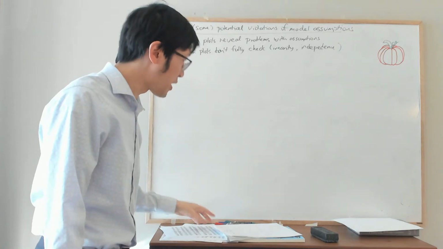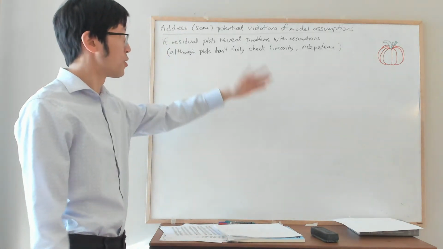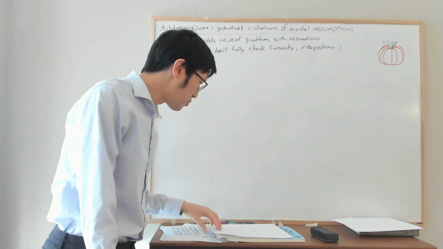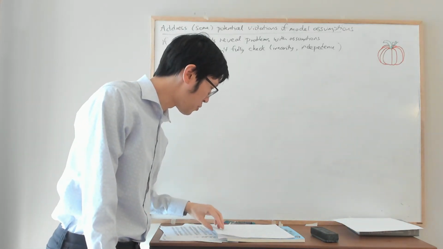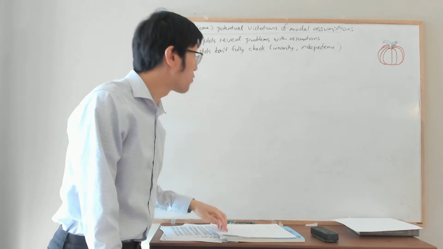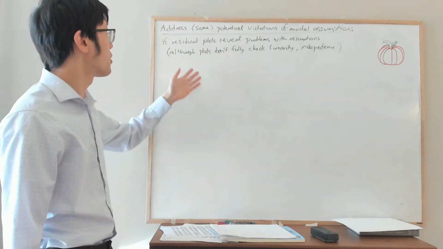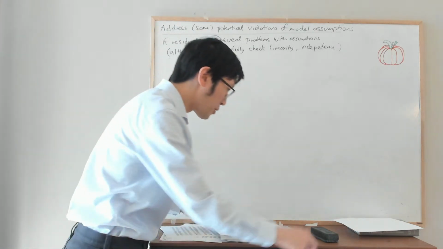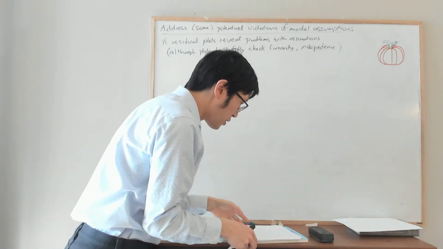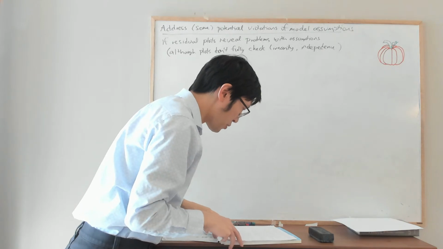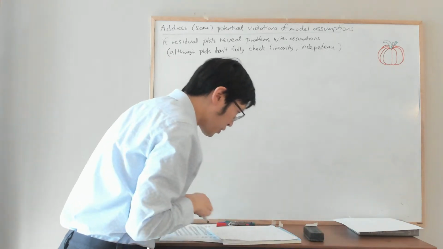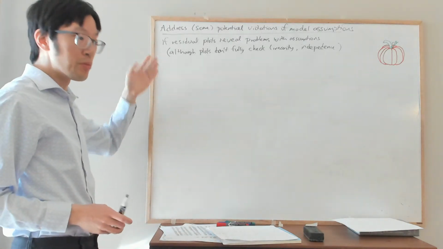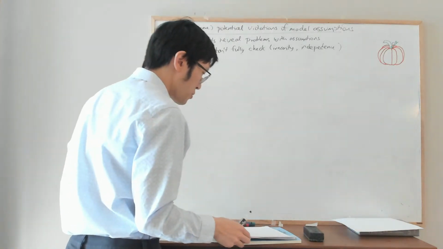So those are various aspects of independence, but the ideal case of independence, which we often assume, is notoriously hard to verify. So what the plots do is, if there are egregious violations, hopefully we can see that in some of the plots.